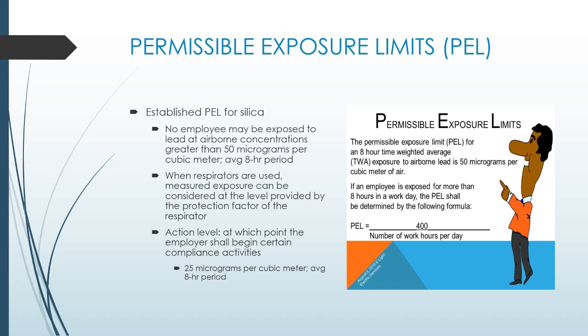But my issue is, what is 50 micrograms per cubic meter of air over an 8-hour period? I don't know. Doesn't sound like very much. And what's the difference between 49 micrograms and 51 micrograms? I don't know either. I'd rather not risk it. So my goal is for your exposure to be 0. I don't have to worry about, is it 49, is it 50, is it 51?